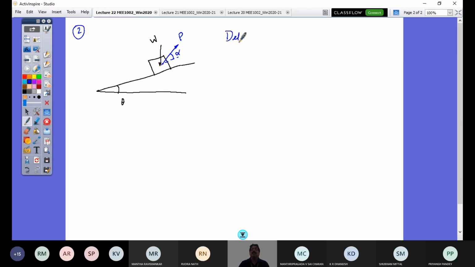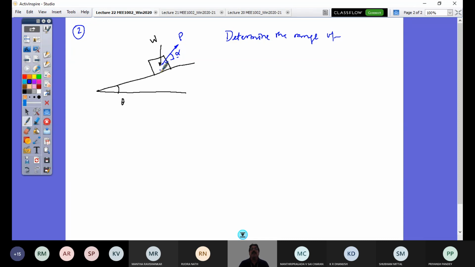Determine the range. The word range comes because, as you rightly said, if I keep increasing P, at one point this will be moving up. So there is a state of this block impending to move up. There is also the initial state, impending to slide down. It was sliding down, it was just prevented. Just prevented is an impending state.